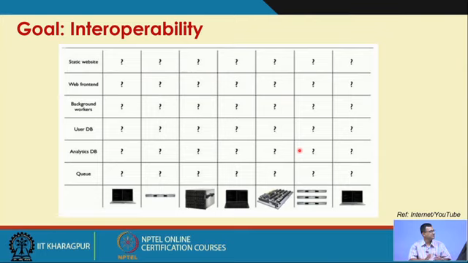So, our major objective is that with minimal investment in terms of manpower, skill, infrastructure and software and so forth, I should be able to have all ticks on this matrix, like anything can run anywhere, right. That is a big challenge to adhere to, but nevertheless the whole computing world wants to achieve this, right.